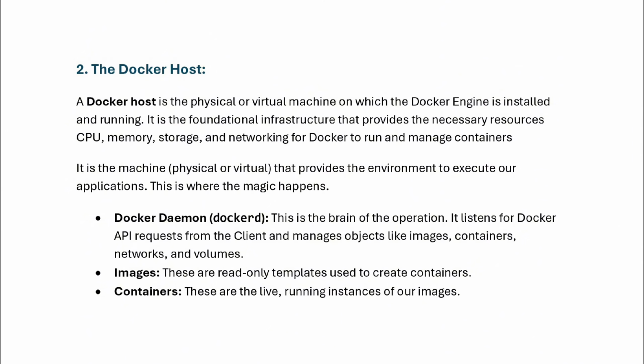For resource management, it uses cgroups, that is control groups, which are used to limit and manage the amount of host resources like CPU and memory that a container can consume. This ensures fair resource sharing and prevents a single container from overwhelming the system.